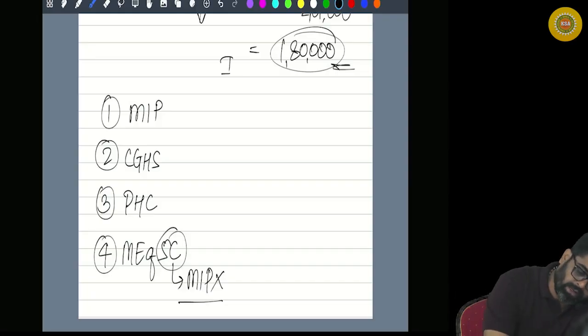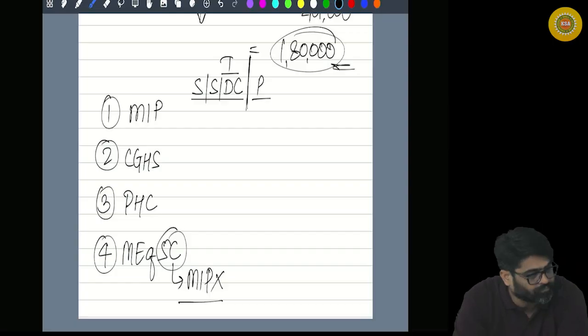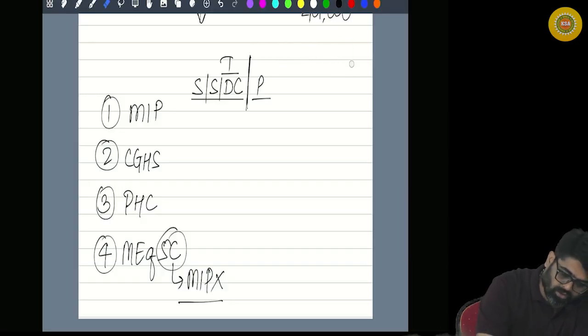So if you are an individual, for yourself, your spouse and dependent children, or for your parents, keep them separate. And if you are a HUF, then for your members, these payments can be made.